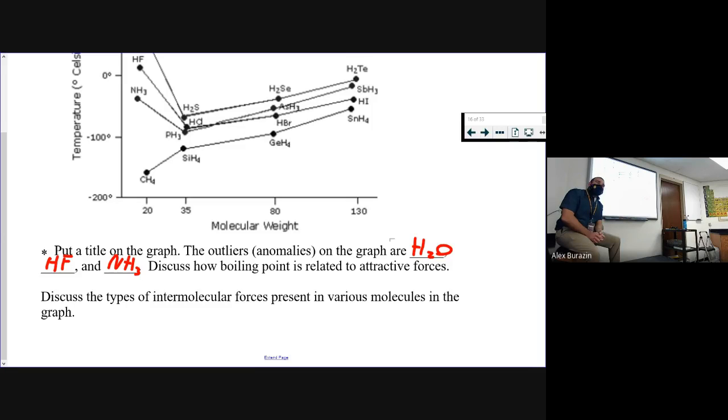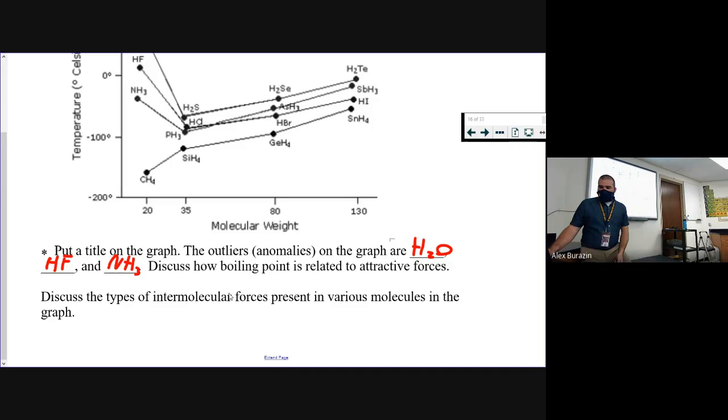Okay? And that tells us directly information about its intermolecular forces. The forces holding water molecules together are stronger than the forces holding ammonia together, or HCl together, or whatever. Okay? That's what we're going to start looking at in this data.